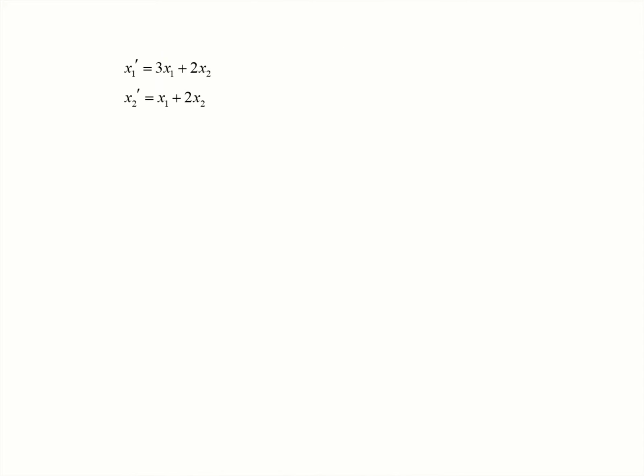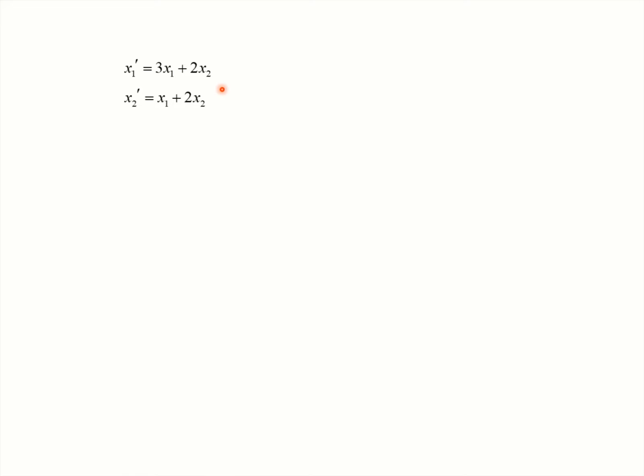Okay. So we have this system here, and we're going to solve this system normally like we would solve the very first linear system you had when you were in an algebra class. You're going to solve for one of these variables, either x1 or x2.